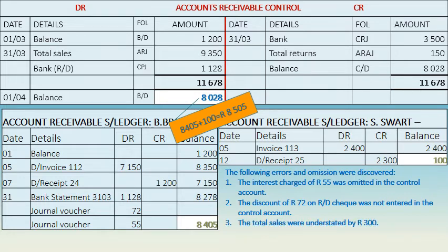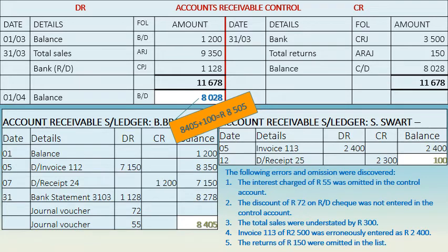Number 3, the total sales were understated by 300 rand. Number 4, the invoice 113 of 2,500 was erroneously entered as 2,400. The last error, the returns of 150 rand were omitted in the list.